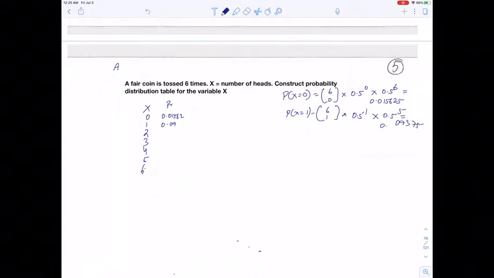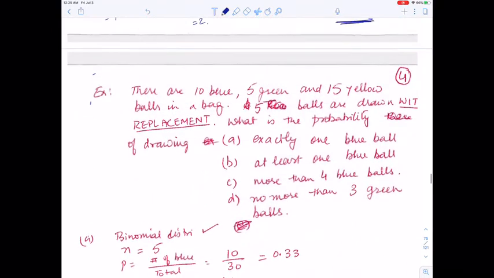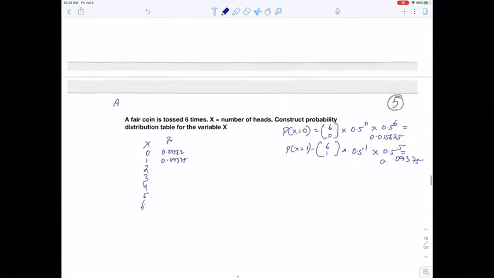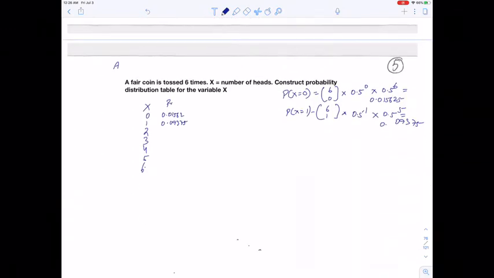Similarly, we can find it for 2 successes, which we already did earlier, so I'm just going to use that. I wish I hadn't erased this. It is 0.234375. You're just putting in a different value of k.